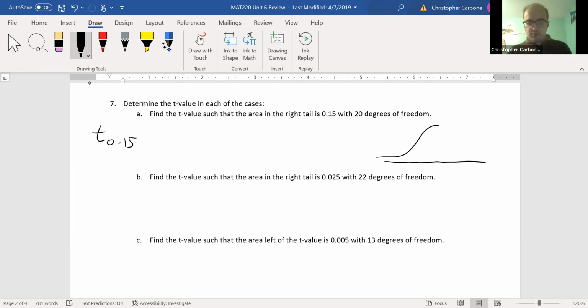And our t distribution, we have 0 here. 0.15 would be out there. And we want the area above that. This is the probability that we have a t-score greater than some number is equal to 0.15. Again, with 20 degrees of freedom.